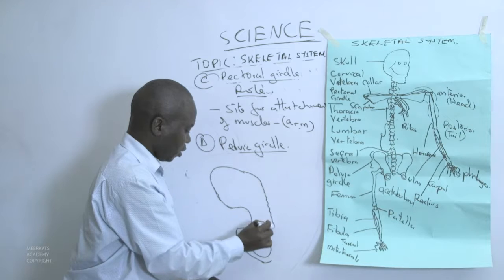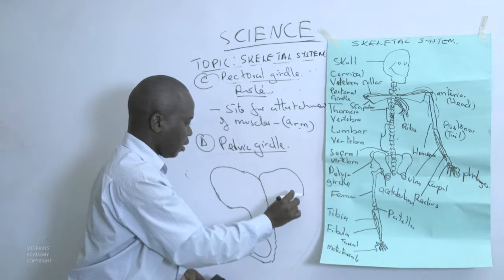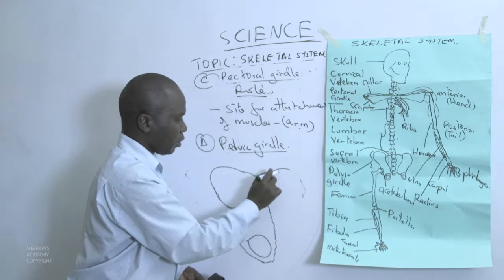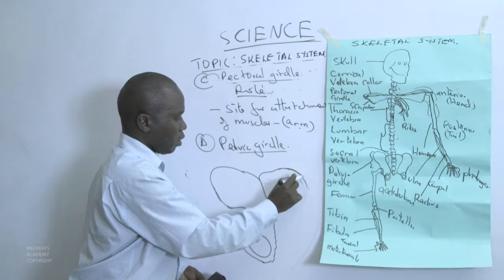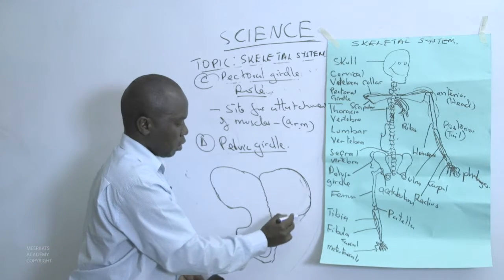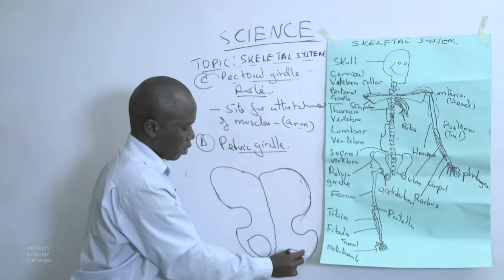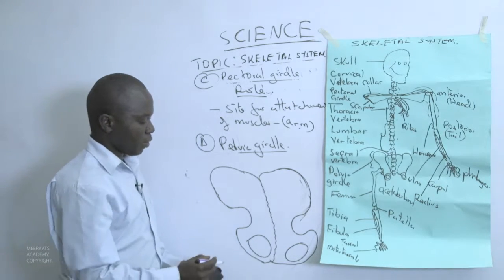Then it's fused to another bone of similar structure, with the hole there, the obturator foramen.